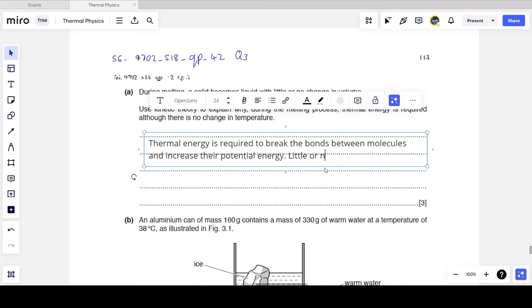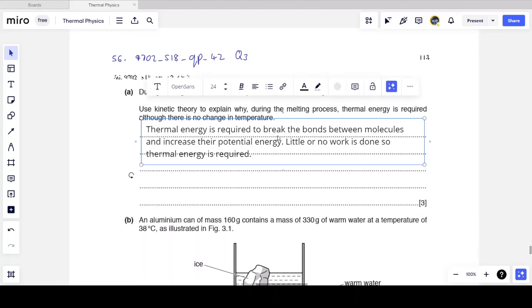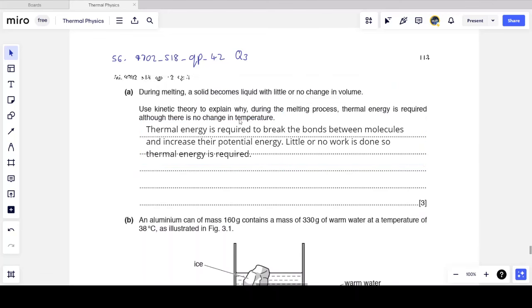We don't really move the molecules in this process, so we can say that little or no work is done, and so thermal energy is required. Since we aren't doing mechanical work, or are doing very little mechanical work, on the particles, the energy we require must be in the form of thermal energy, and this energy is required firstly to break the bonds and increase the potential energy of the molecules that feel the bonds.